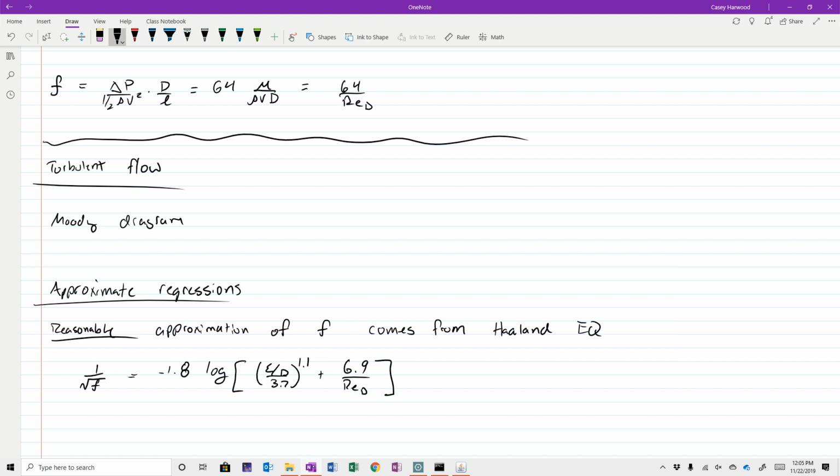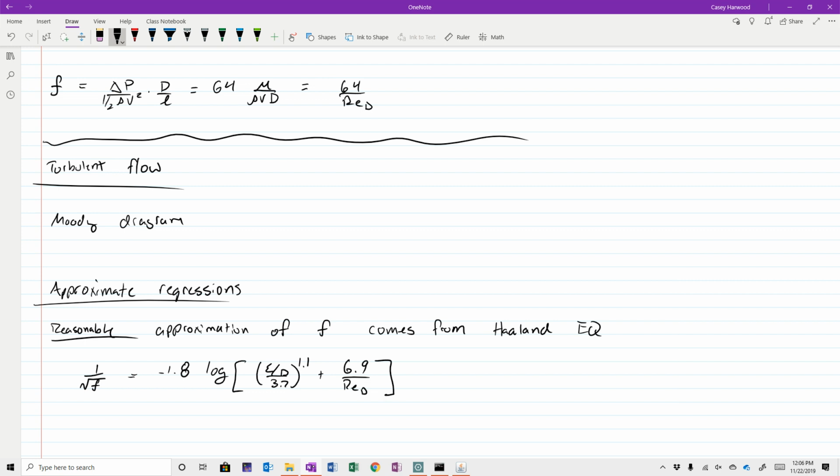Okay, easy, super intuitive. But understand that once you have epsilon over D and a Reynolds number, this entire side is computed, and then it's fairly easy to solve for f. So this is a good one to plug into Excel if you happen to have a pipe of known roughness, known diameter, known fluid, and you don't want to plot things out graphically.